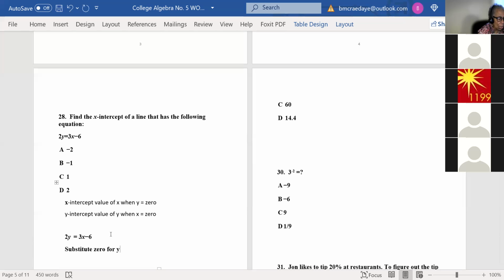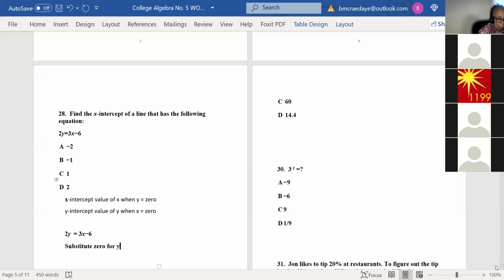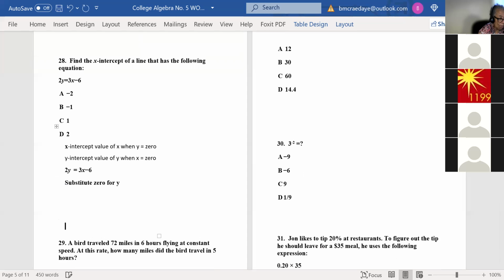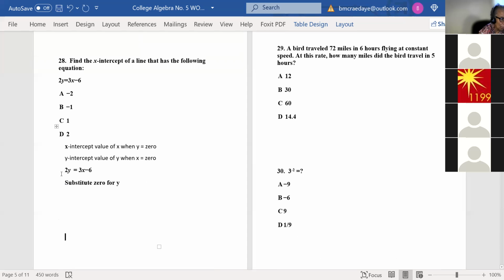If you do that, what do you get on the left side, Latoya? You get 0. 2 times 0 is 0, right? So what I'm saying is, let me just put what I'm telling you here. Substitute 0 for y. So let's take this expression and put the 0 in.